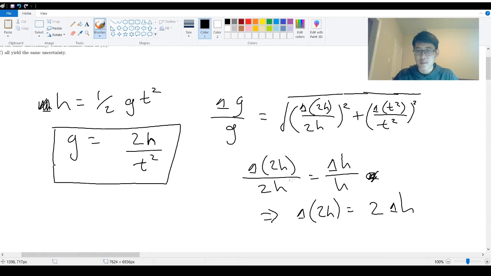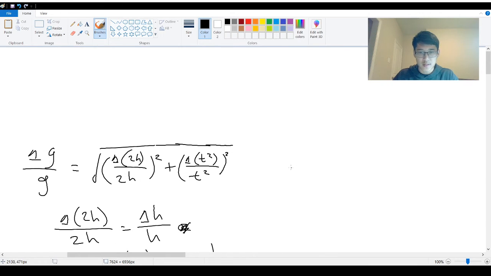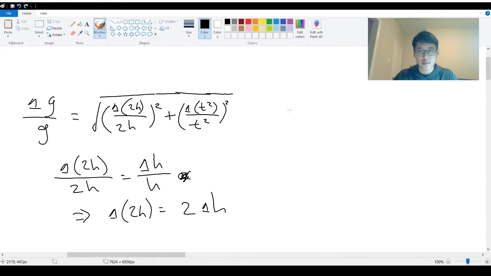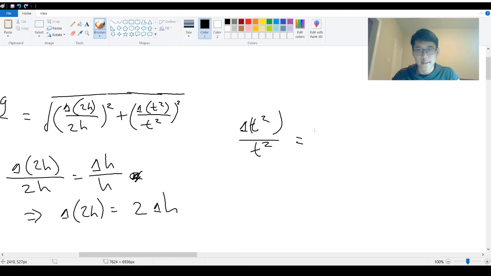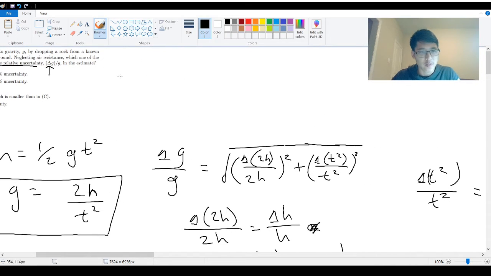Okay, and we also can simplify this one down further as well by noting that the uncertainty in t squared divided by t squared, because this is all just relative uncertainties, and this should be formulas that you memorize, is equal to the power, which is 2, times the uncertainty in t over t. So here, I'll write down all the equations again so everyone can be on the same page.